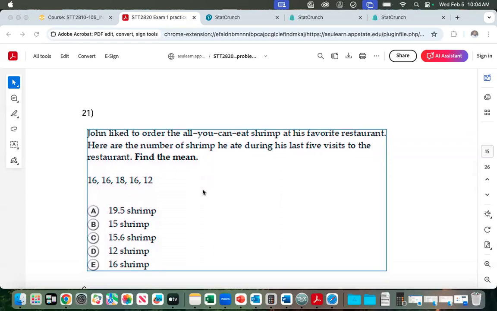So for 21, we are given these numbers here, and we are asked to find the mean. To do that, if you brought your calculators, it's easier. Or you could also use StatCrunch. So let's use StatCrunch to do that.